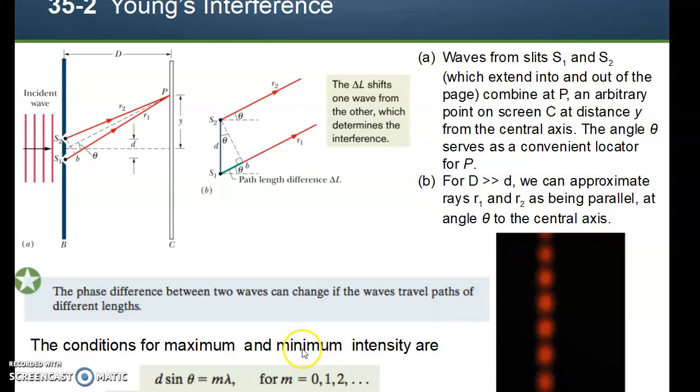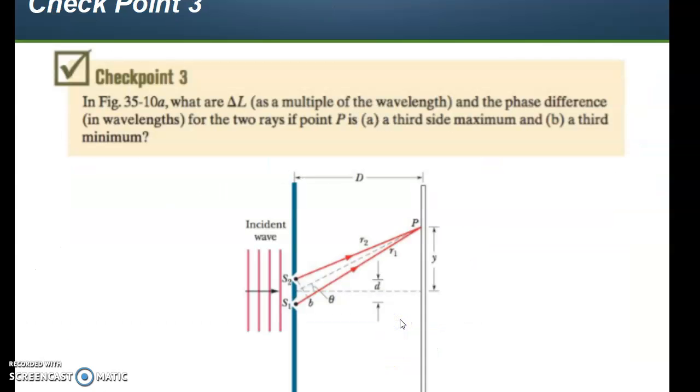And for the minimum, that's d sine theta equals (m plus 1/2) lambda. Okay, so those are the conditions for the maximum and the minimum intensity for your different diffraction patterns.